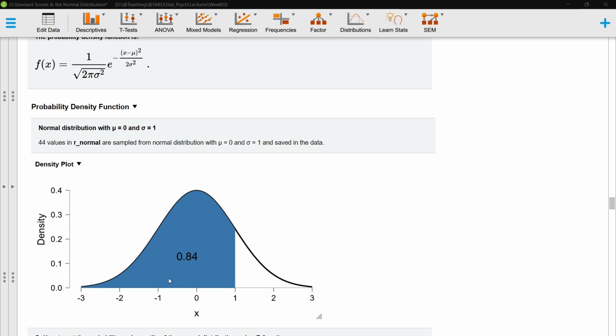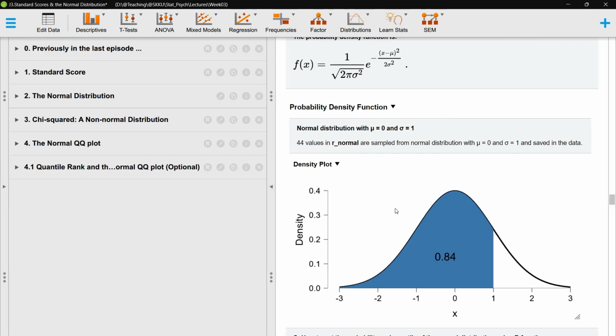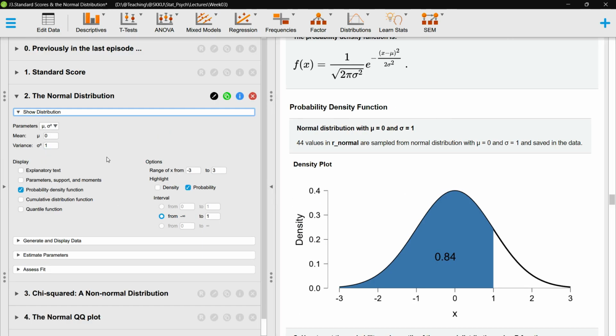If we change the interval, we can get a different number in terms of the cumulative probability, or the area under the curve. For example, let's look at this one. Here we plot from minus infinity to 1.